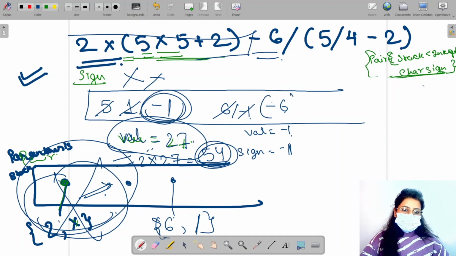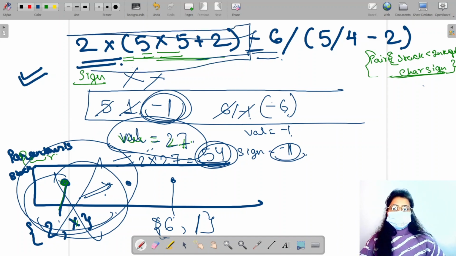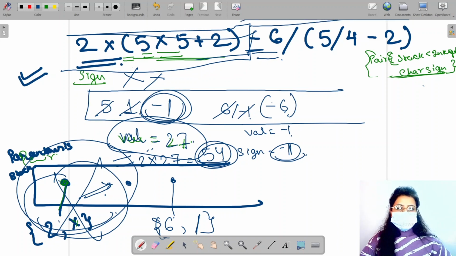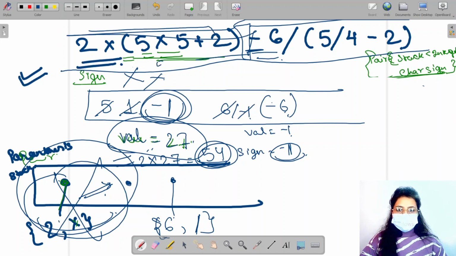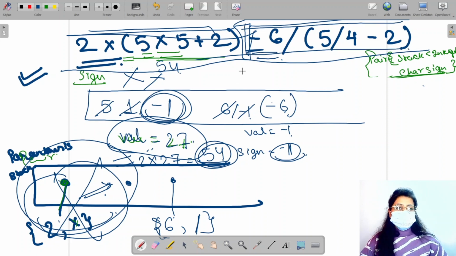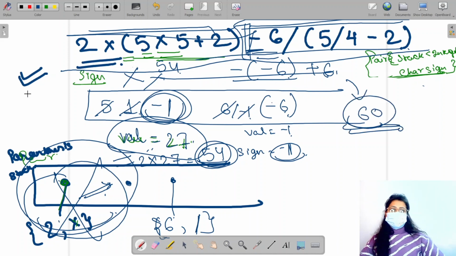And we have this minus sign stored here. This is stored in another one and this one is stored in another one, right? So this gave 54 and this gave minus of -6. So we had +6, add them and we'll get 60 as an answer, right? So this was the approach behind our question.